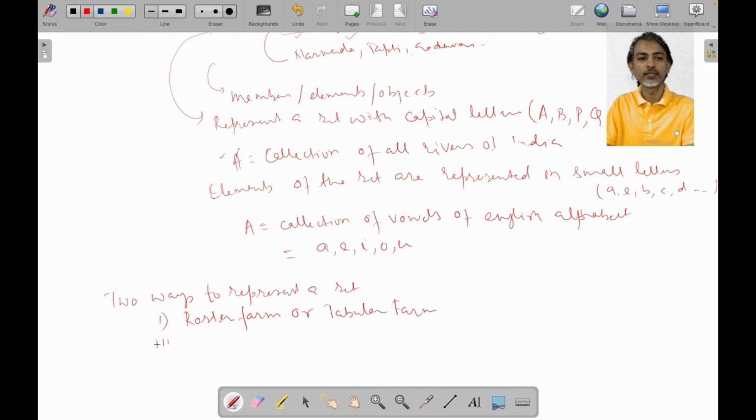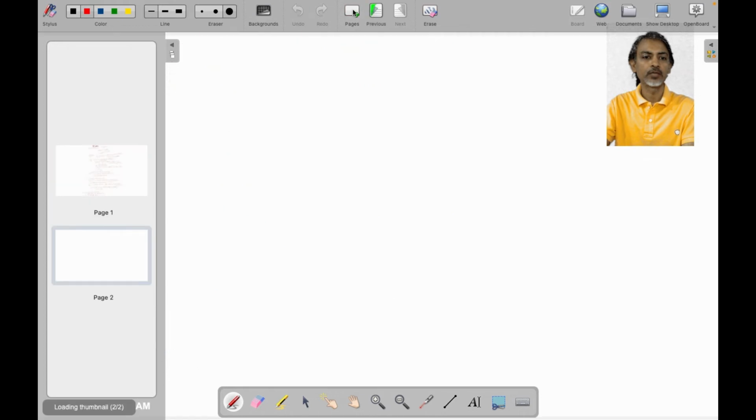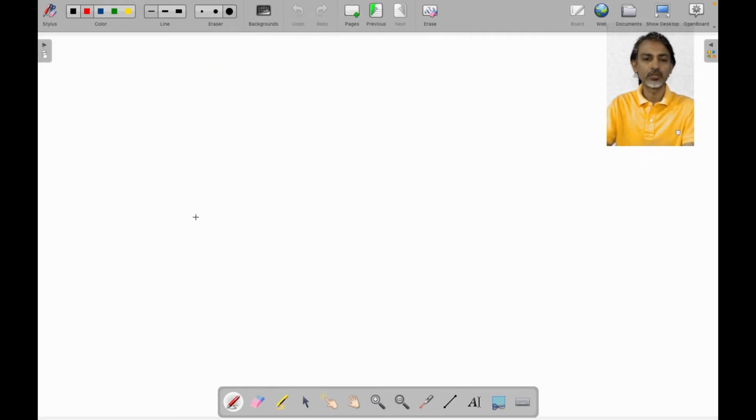Another we call set builder form. Right? So we'll go to the next page to write what is my tabular or roster form and what is my set builder form.